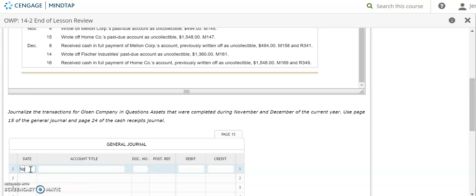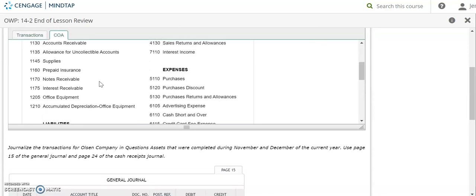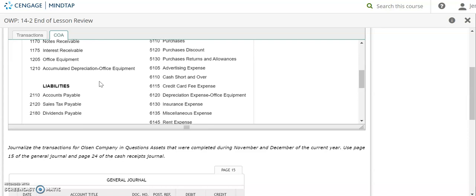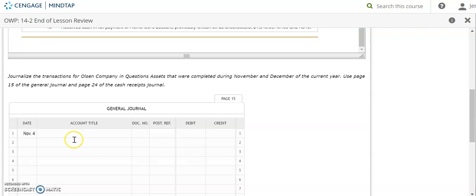I'm going to start with my date of November 4th. If I need a reminder of my chart of accounts, of my account names, I can look in here. I am going to my allowance for uncollectible account.